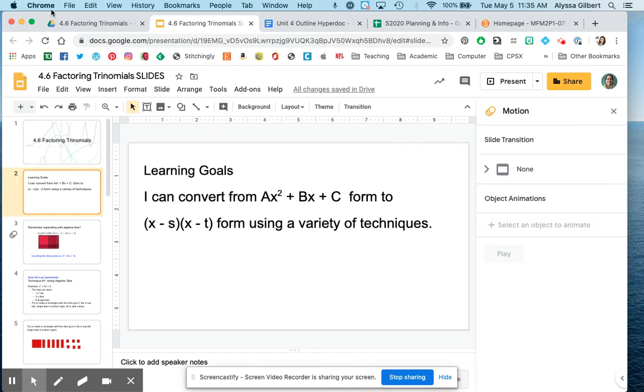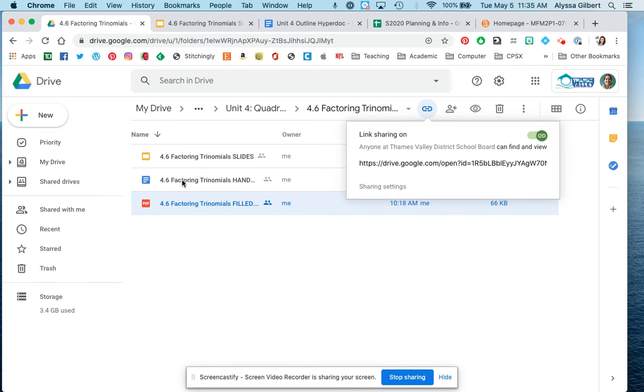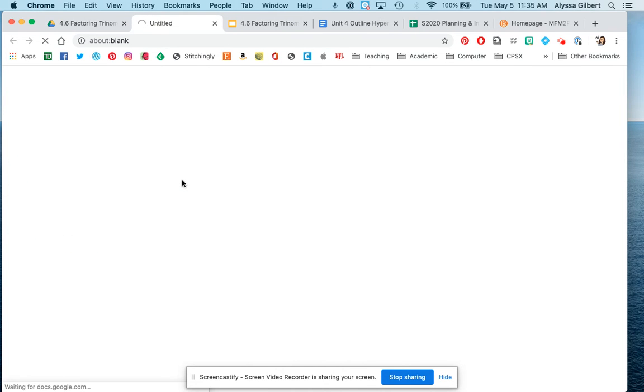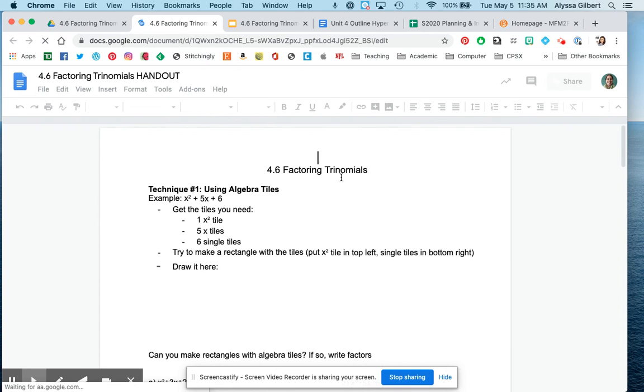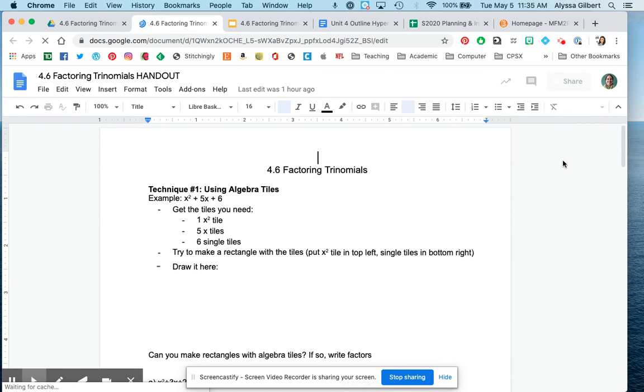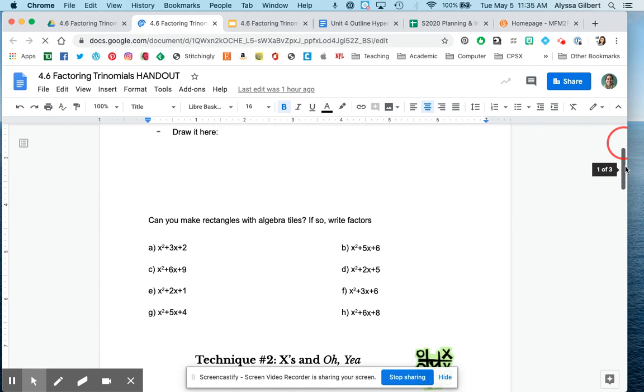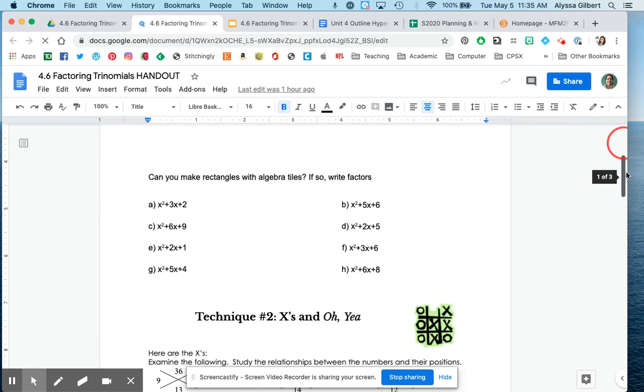What I want to show you is there is a handout for this. So if you go to Brightspace, again, if you want to, you can follow along with the handout and fill it in as I do it. You, of course, don't have to, but this is to show you where the notes will be.